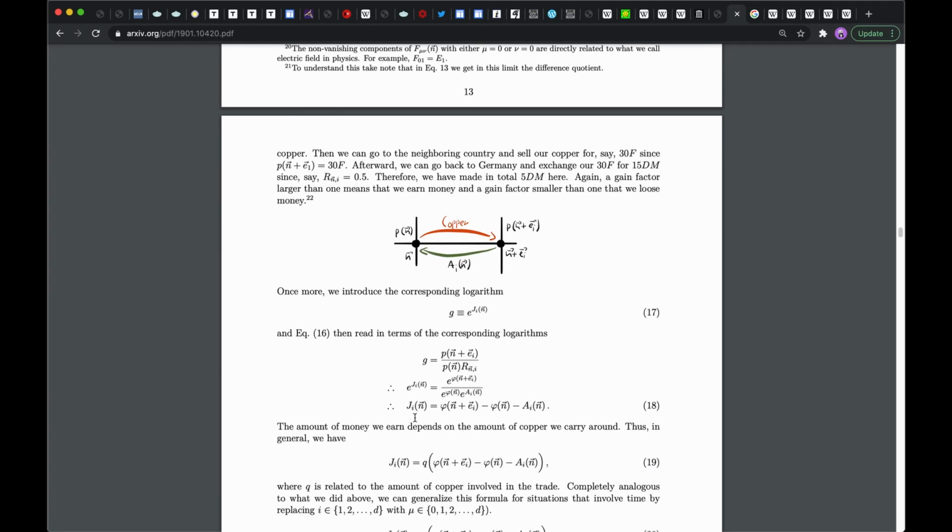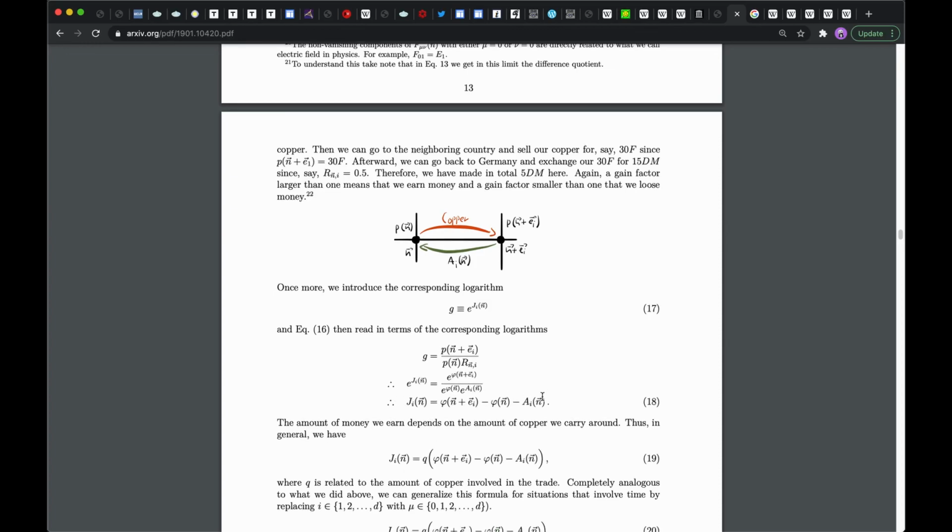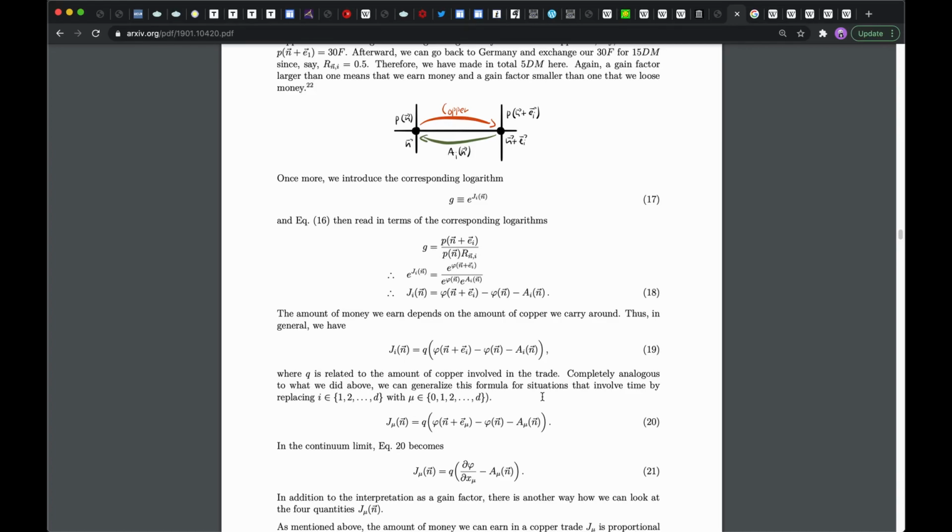So basically you can see that we will obtain some kind of J here, which reminds us of the currents from electromagnetic theory.